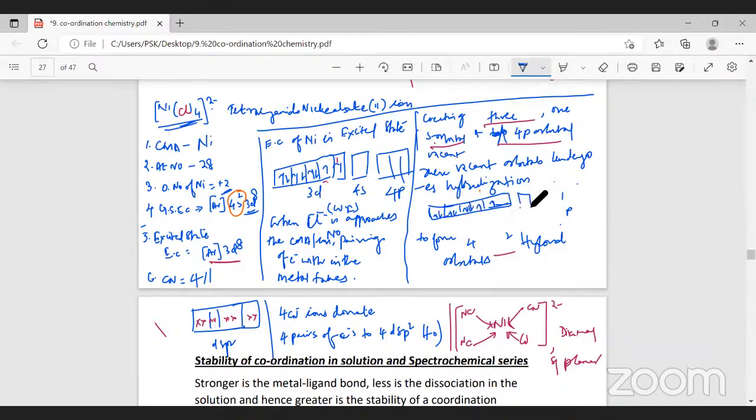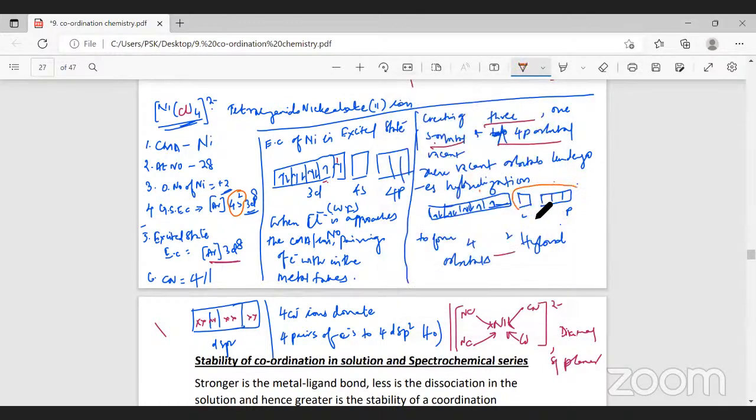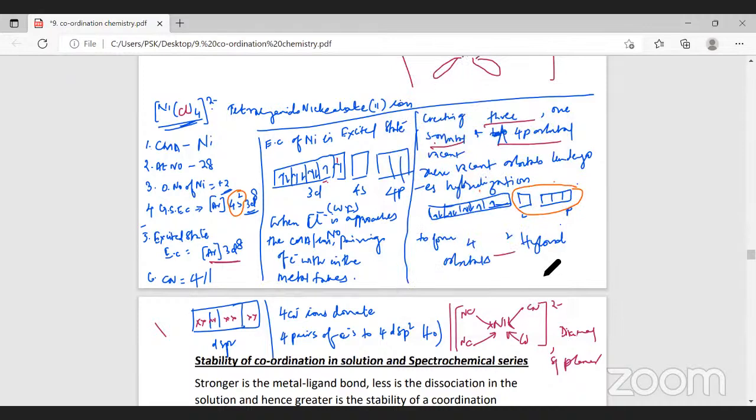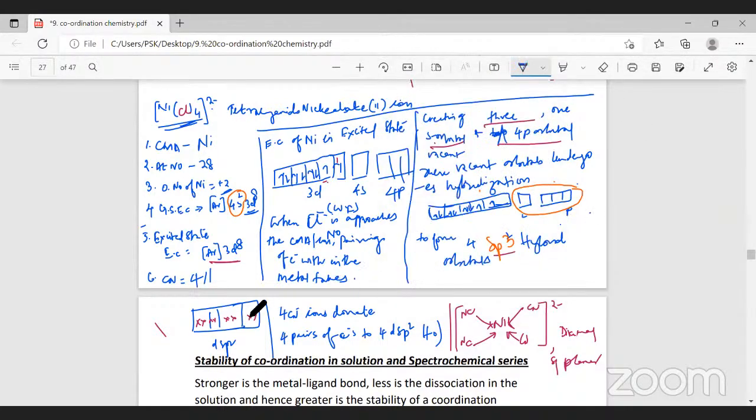Now 4s is 1, and then we have 4p, 3. This vacant orbital, that's 4s and 4p, they undergo hybridization to form 4 sp3 hybrid orbitals. What will be the name of the hybrid orbital formed? It will be sp3 here. Now these 4 sp3 hybrid orbitals will accept 4 pairs of electrons from Cl minus. All right. So the hybridization is sp3.